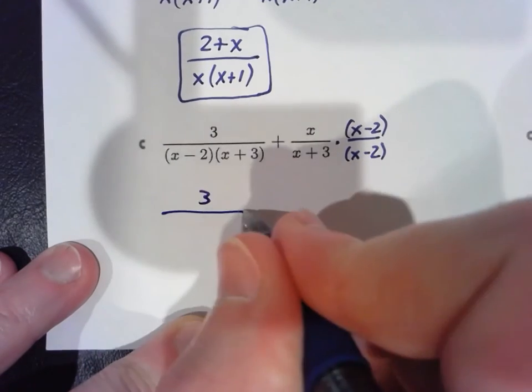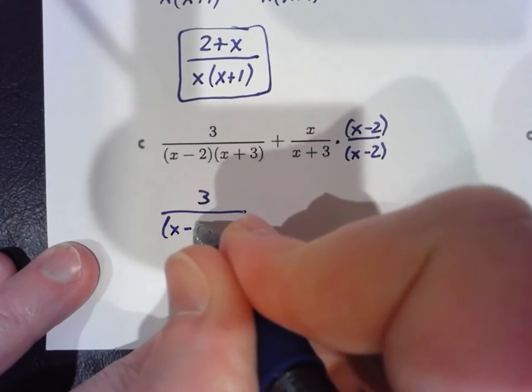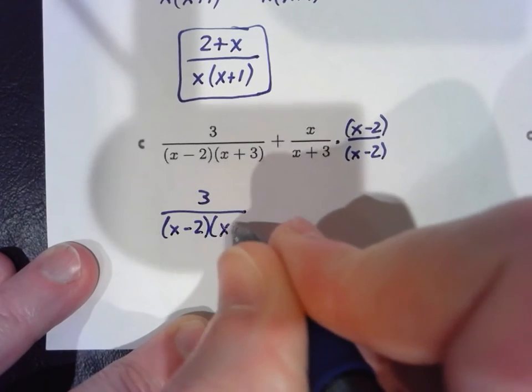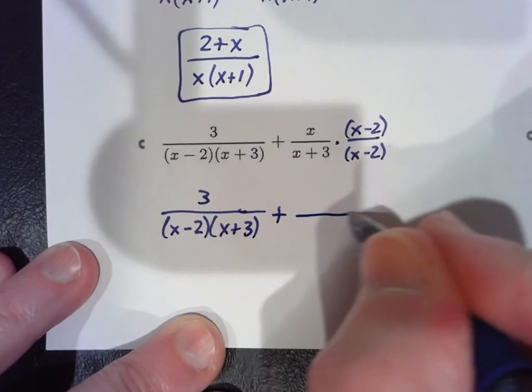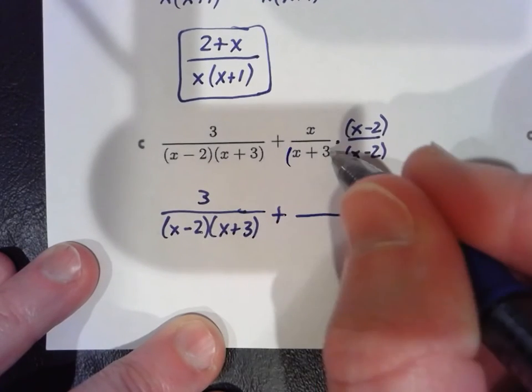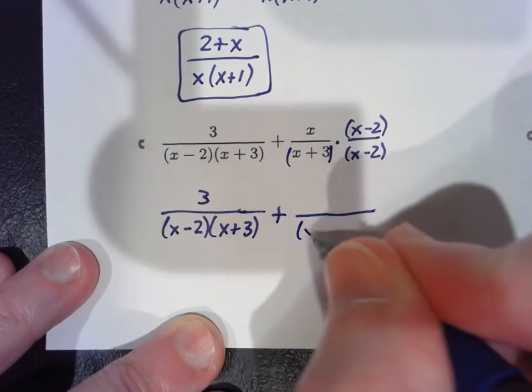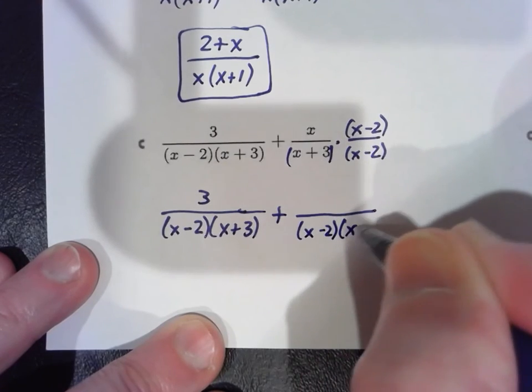So that leaves my first fraction as 3 over x minus 2 times x plus 3. And now my second fraction, on the bottom, I've got an x minus 2 and an x plus 3.